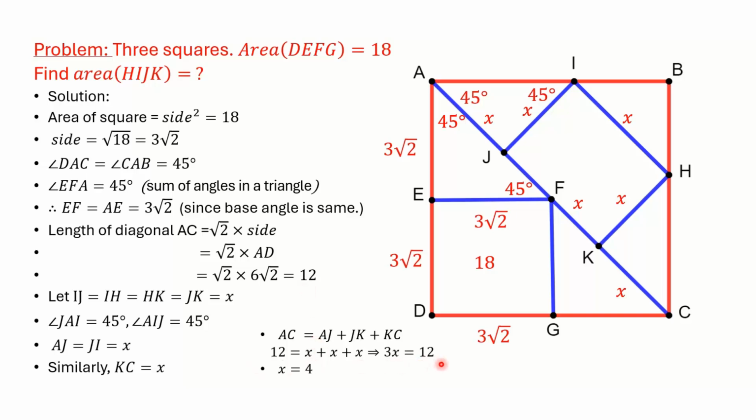This means x is equal to 4 unit. So the side length is 4 unit. So what will be the area of this square? Area will be side squared, that is 4 times 4, that is 16 unit. So area of square IJKH is equal to 16 square unit.